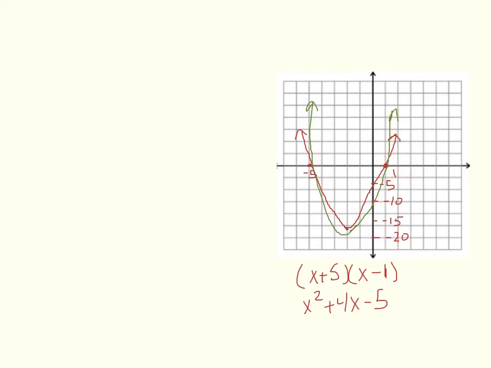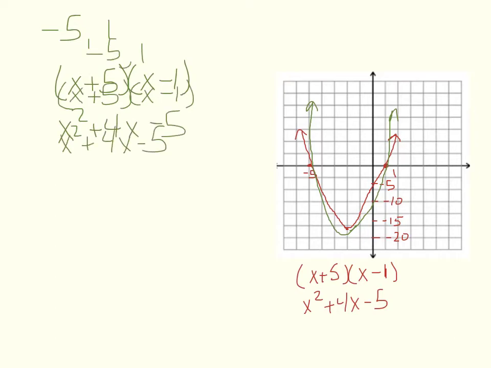So the roots are still -5 and 1. So in factored form, we know we're going to have this situation going on. If we multiply this out, we've already done this. Here's what we get. The problem we have now is that this is -5, but we want it to be -10. So how could we turn -5 into -10?